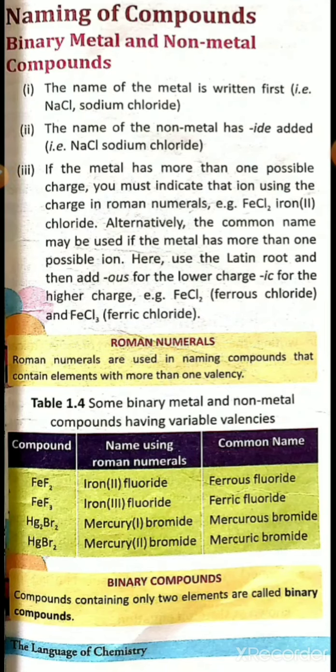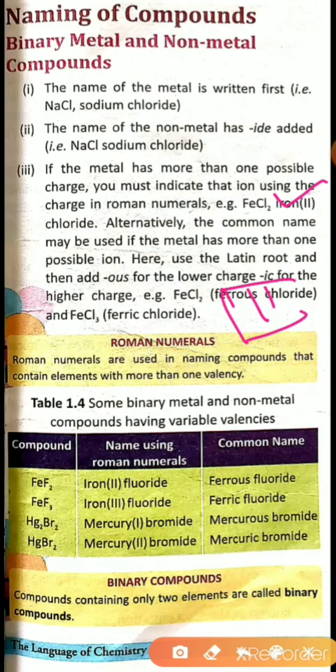Remember another important thing also: if in the name of the compound any Roman numeral is there, that means it contains more than one valence. Like we saw here in iron, Roman number is used, that is iron 2 chloride. And if FeCl3 is there, that is iron 3 chloride.